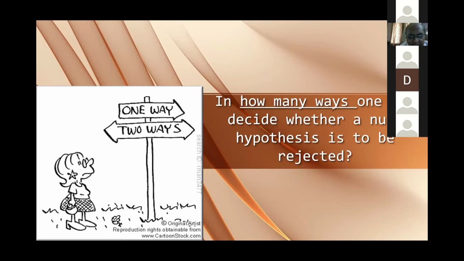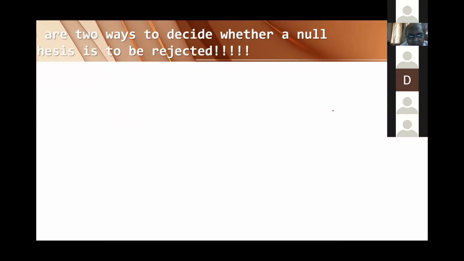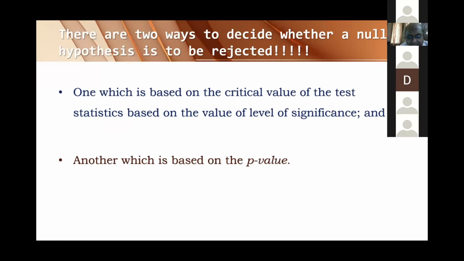How do we decide whether a null is to be accepted or rejected? We have different ways to do that. One, on the basis of the critical value, we compare our test statistic with the critical value and then decide whether the null is to be accepted or rejected.